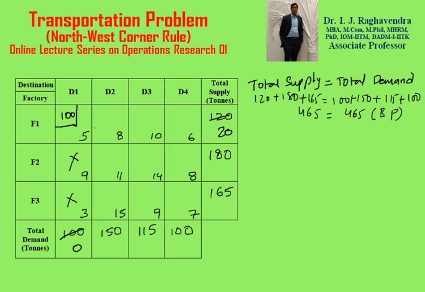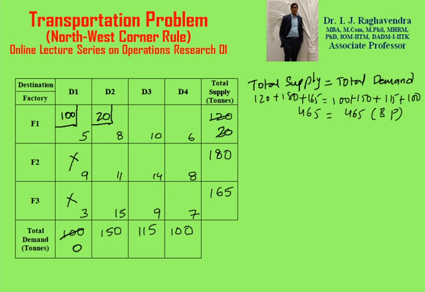Out of this, again we need to search for the northwest direction. Here F1 D2 is the northwest corner. F1 total is 20 and D2 total is 150. So F1 capacity is only 20 tons, but the demand is 150. Based on the F1 capacity, we supply only 20.